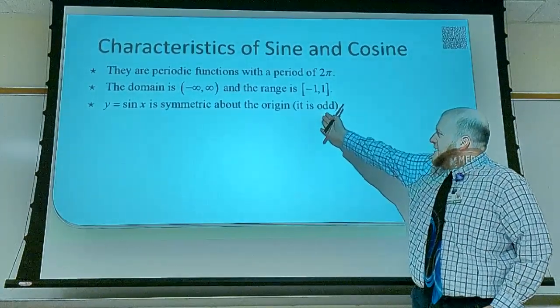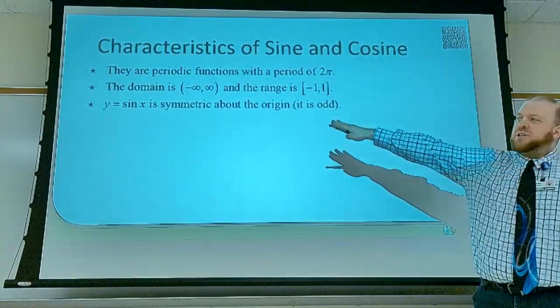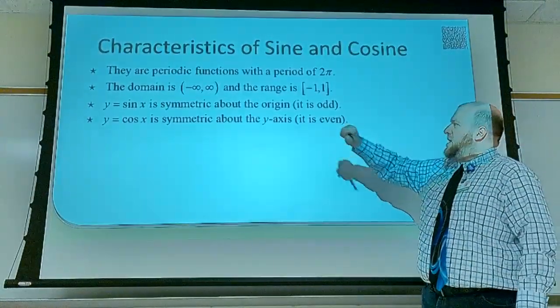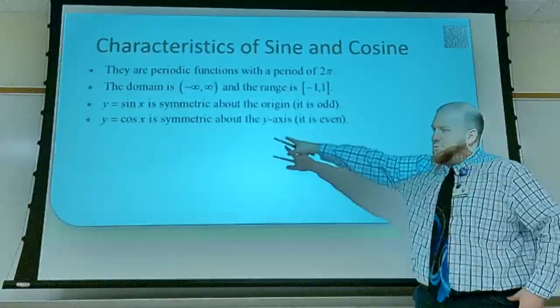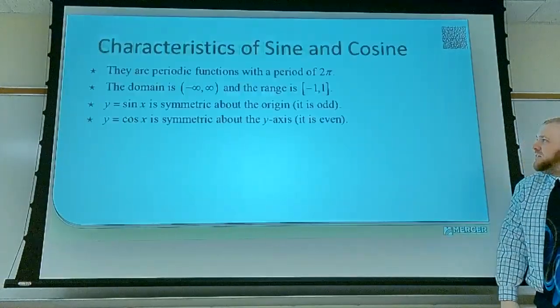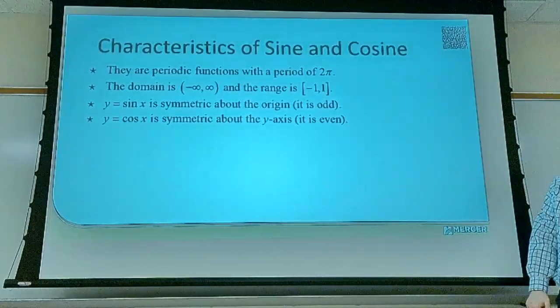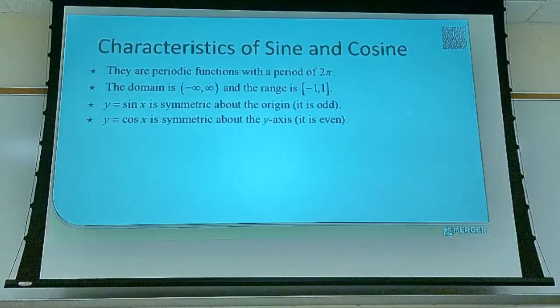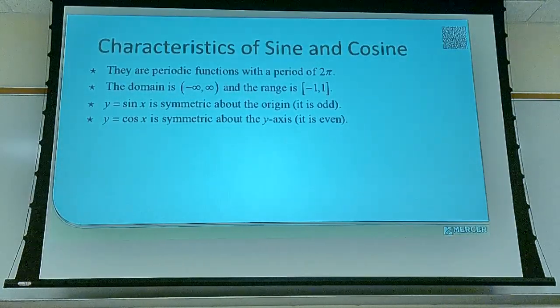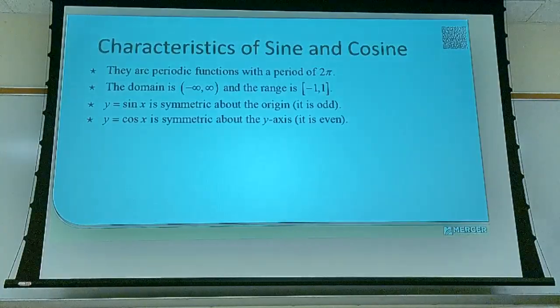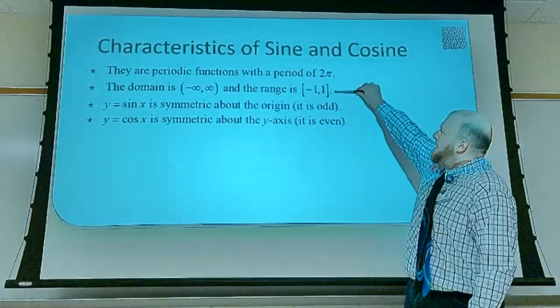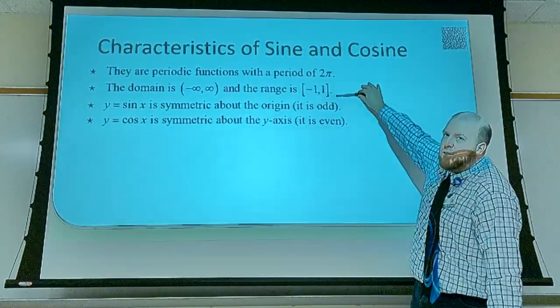Right, we already mentioned sine of x is odd, means it's symmetric about the origin. Cosine of x, cosine is even, so it's symmetric about the y-axis. Right, so really the only new thing here is the domain and range. Right? Everything else we've kind of looked at.